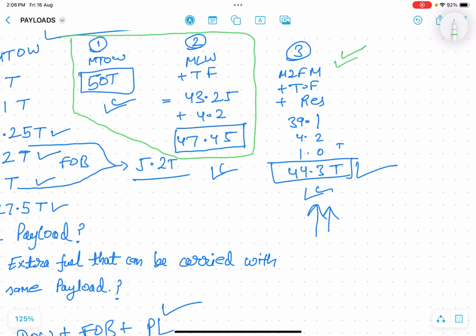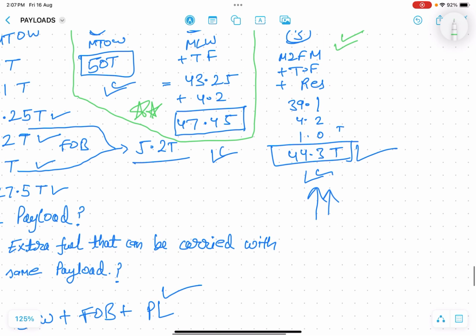Because in this case, we don't have any scope to carry extra fuel because we already have maximized the payload, and the space left is just enough to carry fuel for the given flight, and we don't have any space to carry extra fuel. So that's why in questions like where we have to calculate extra fuel, we just have to consider the minimum of first two categories, that's maximum takeoff weight or maximum landing weight plus trip fuel.